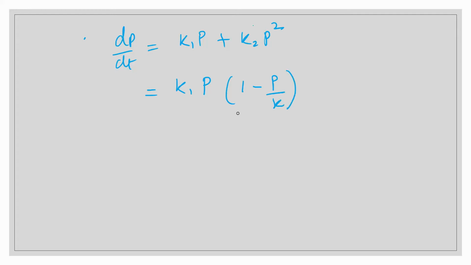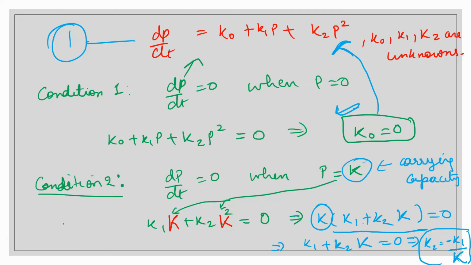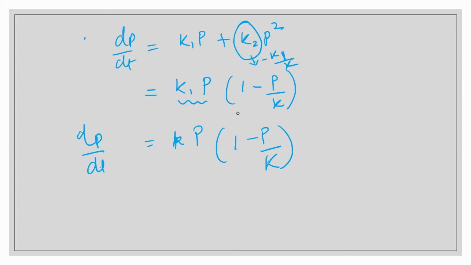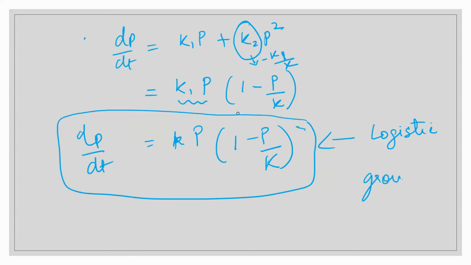Because I have replaced k2 with the expression that we got earlier, which is minus k1 by K. If I take it as common, then I get this. Now I can write this as small k, this one is small k, into p times 1 minus p by K. This is my logistic growth model, which I have also shown you earlier.